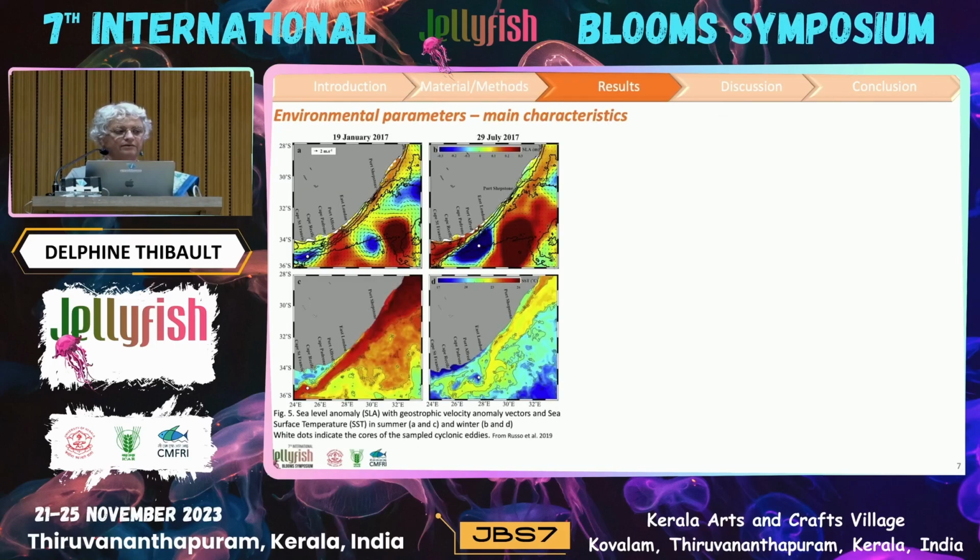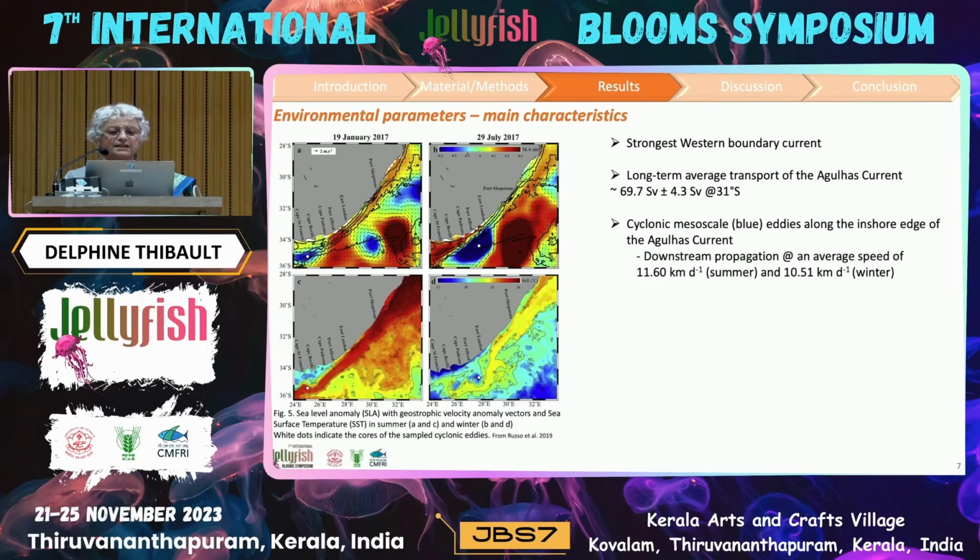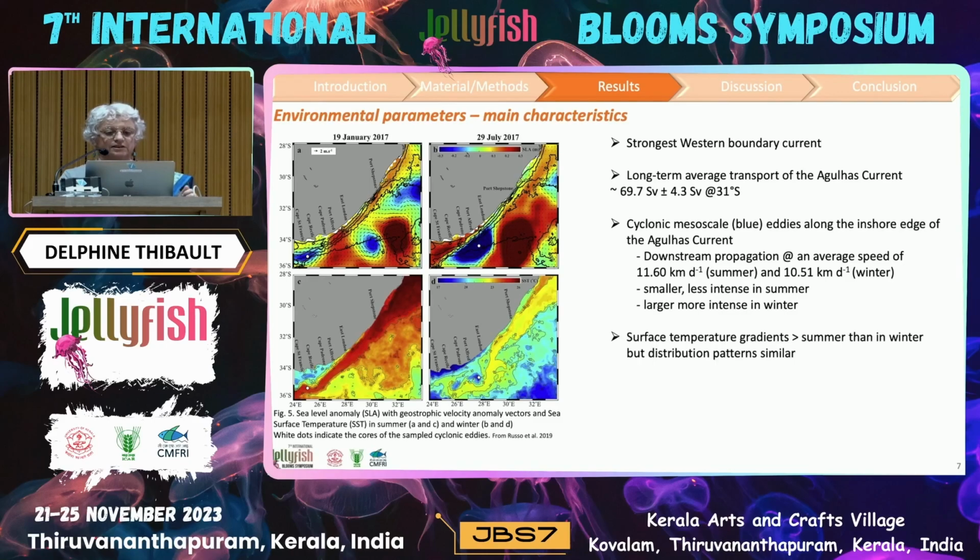If we look at the environment, we can see very wide differences between the summer on the left and the winter on the right in temperature. We can see those eddies in blue, the cyclonic eddies that bring some cold water to the shore. So there's transport by strong eddies, and the temperature is much warmer in summer than in winter.